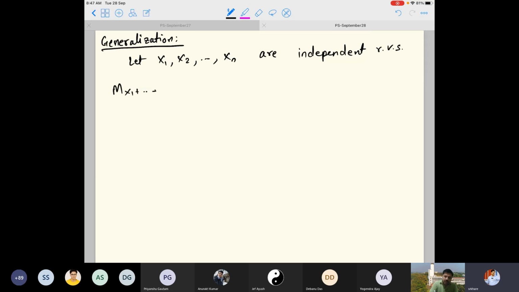Then M of X1 plus X2 plus up to Xn at t is actually equal to M X1 of t into M X2 of t into up to M Xn of t, right? This is because of independence.